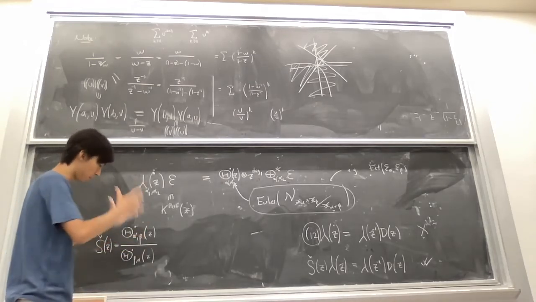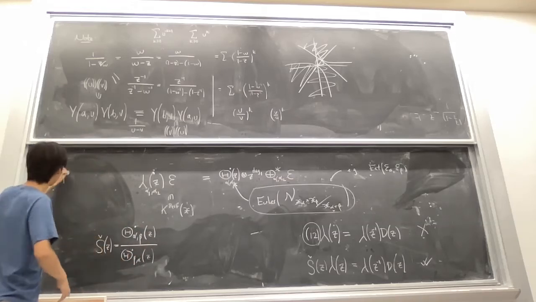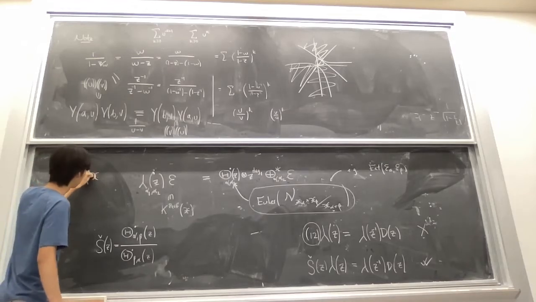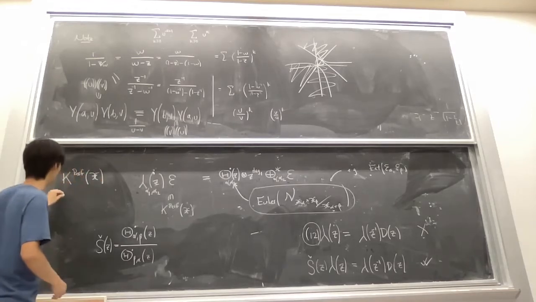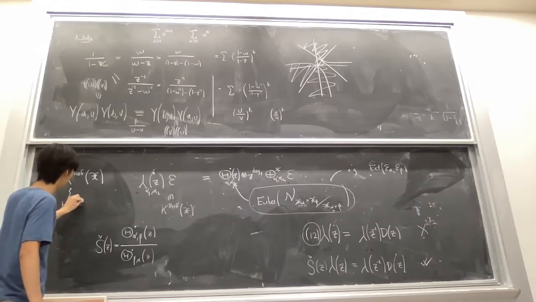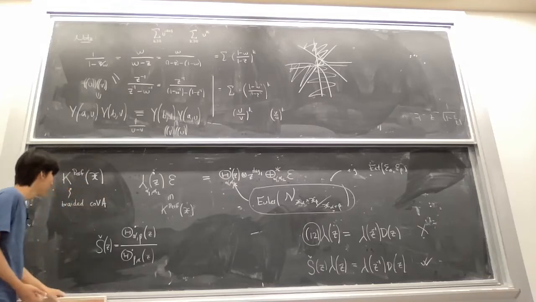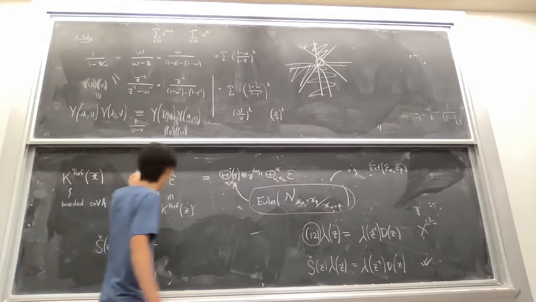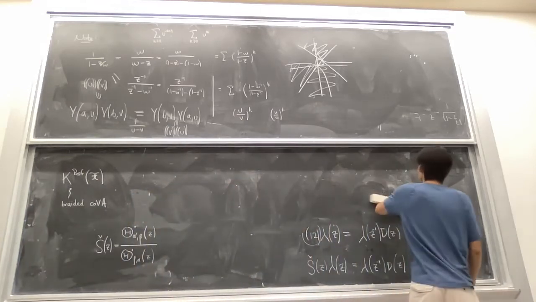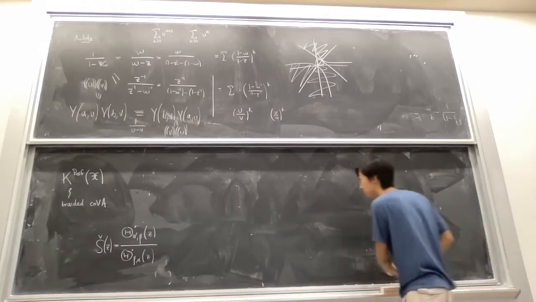Now we have some braided vertex coalgebra on K theory of X. So this has some braided co-vertex algebra structure. And so now we can finally write down the compatibility theorem.